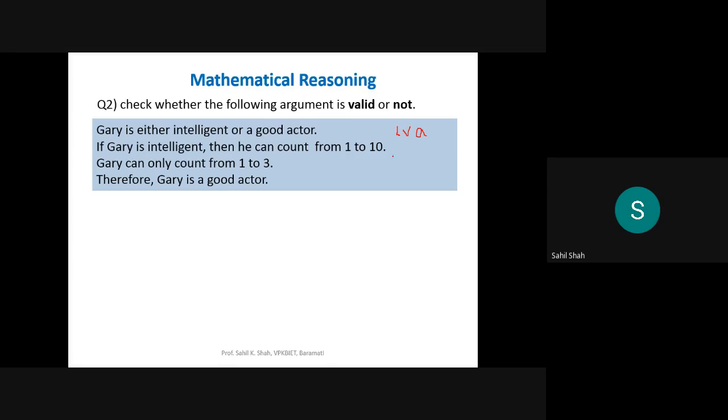If Gary is intelligent, then he can count from 1 to 10, and moreover it is given that he is counting from 1 to 3, and the conclusion is Gary is a good actor. So what is your conclusion?